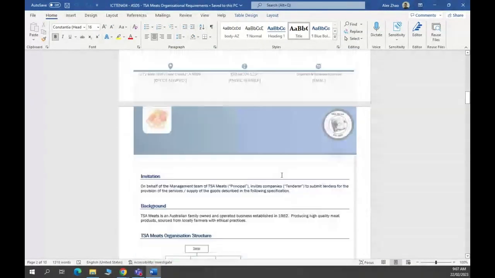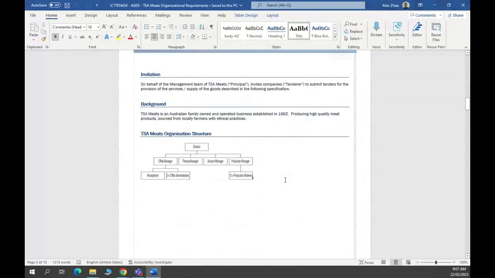So this is a request for tender. And just to give you a bit of background, this company is called TSA Meats, and there's a sort of organizational structure, but that's not too important. The background is that TSA Meats is a family-owned business that's been established since 1982, producing high-quality meat products.